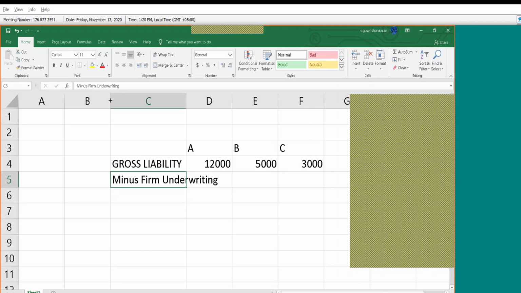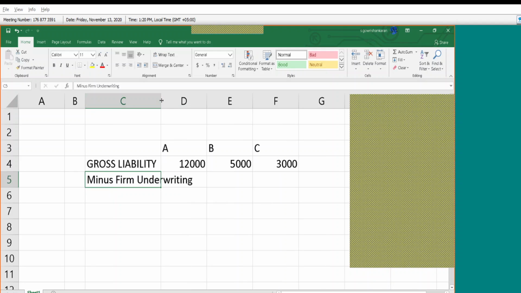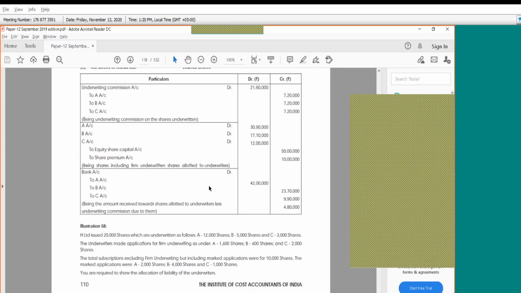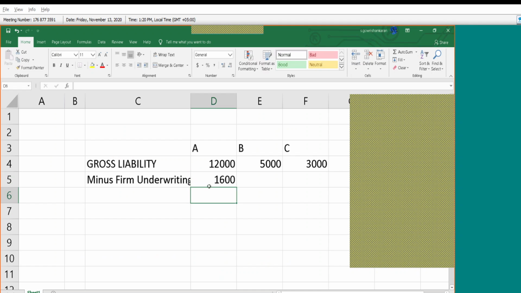Minus firm underwriting. What is firm underwriting? It is given in the question: 1,600, 600, and 2,000. If you minus this, you'll get this much. So after deducting firm underwriting, this is the answer.